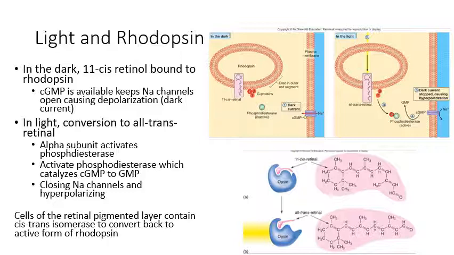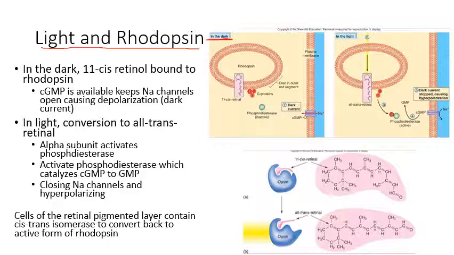In the case of these photoreceptors, what we see is in the dark, so lack of light, lack of stimulus, the photoreceptors are being depolarized and sending neurotransmitter.